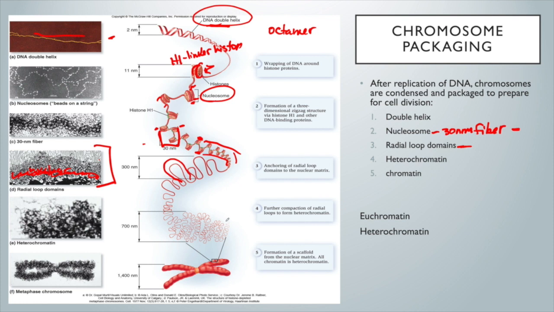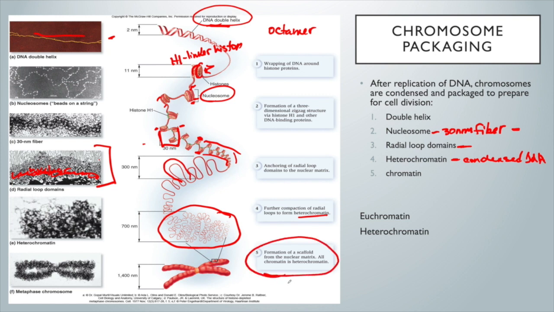And the radial loop domains will begin to supercoil or compact on each other to create what's called heterochromatin. Heterochromatin is condensed DNA. And when it's completely anchored and forms these tetrads, it'll create the scaffold from that nuclear matrix. And once it's bound to the nuclear matrix itself, that scaffold, we have our complete formation of chromatin.